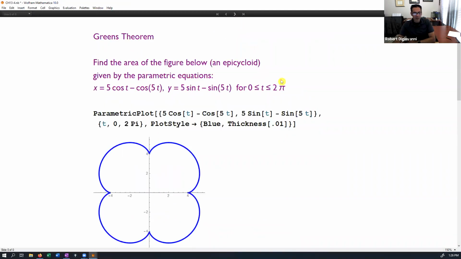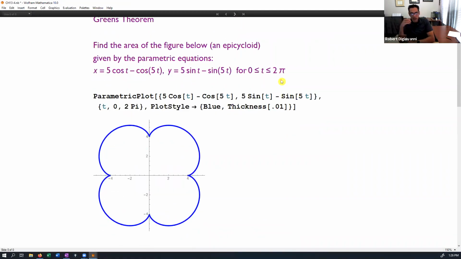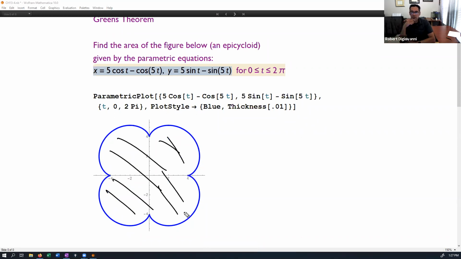Find the area of the figure below, an epicycloid, given by the parametric equations x equals 5 cosine t minus cosine 5t, and y equals 5 sine t minus sine 5t on the interval 0 to 2 pi. If you were to graph these parametrics, you would draw this really cool epicycloid. And what I'd like to know is what is the area of that region.